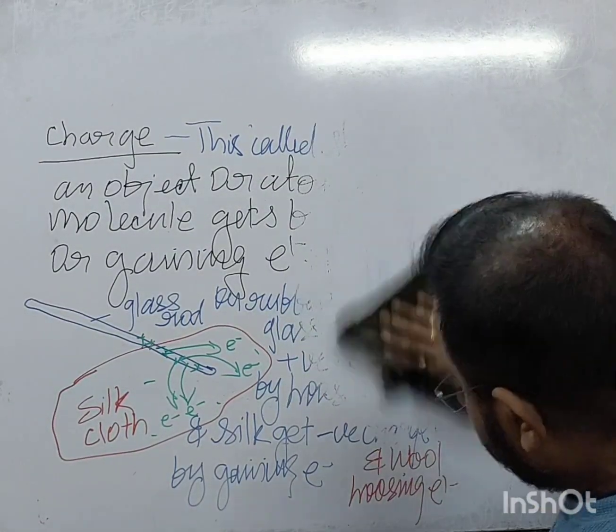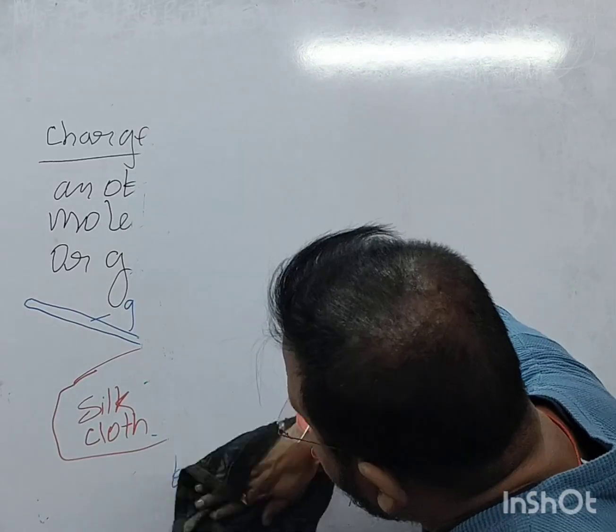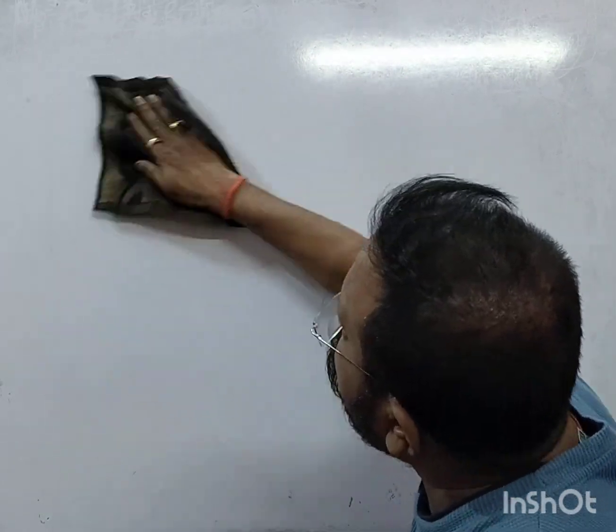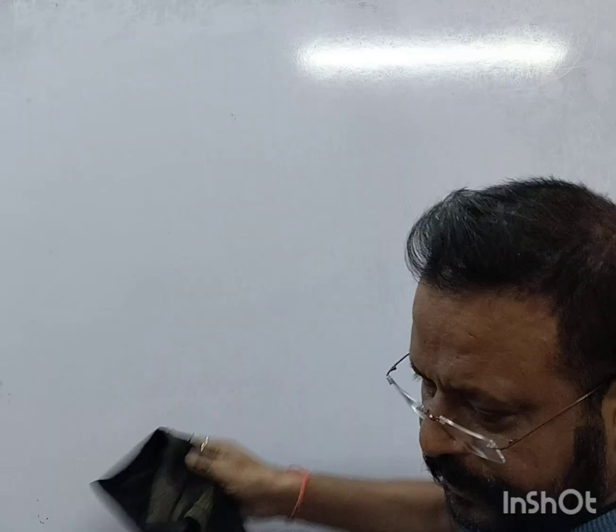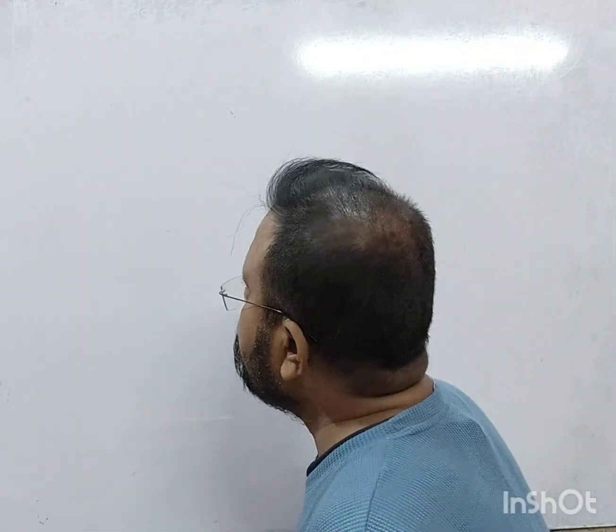Okay. Now, electric current is the rate of flow of charges.